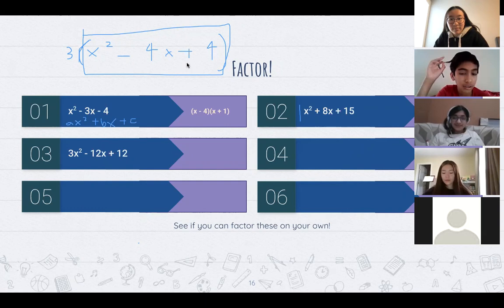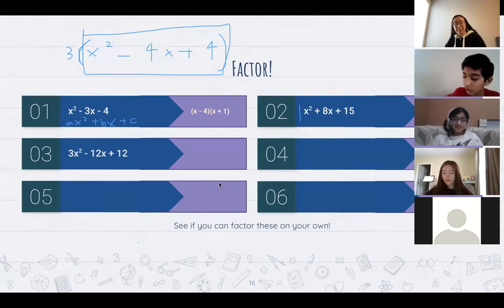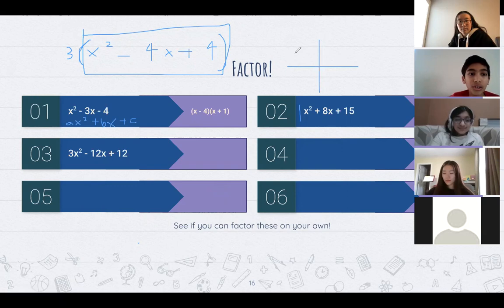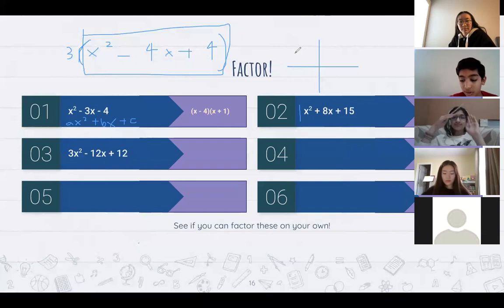I'm stuck. All right, what part are you stuck on? So on the box, I have just 2 squares left. So I know that x squared plus 12 is 12. So 2 factors of 12 have to add up to negative 12 and multiply to 12. Wait, so are you doing it on the original one? No, I'm not including the 3.